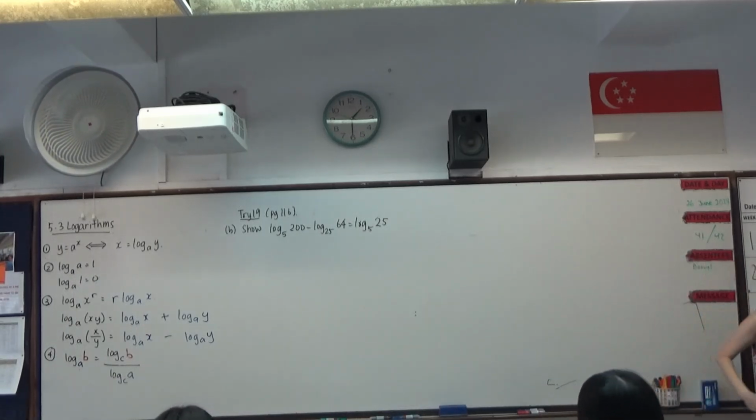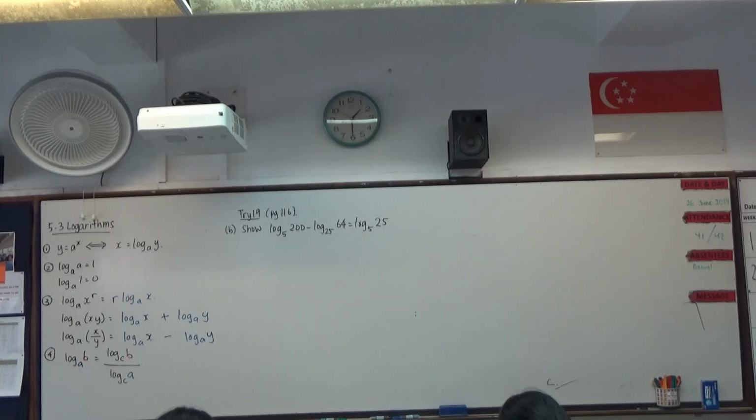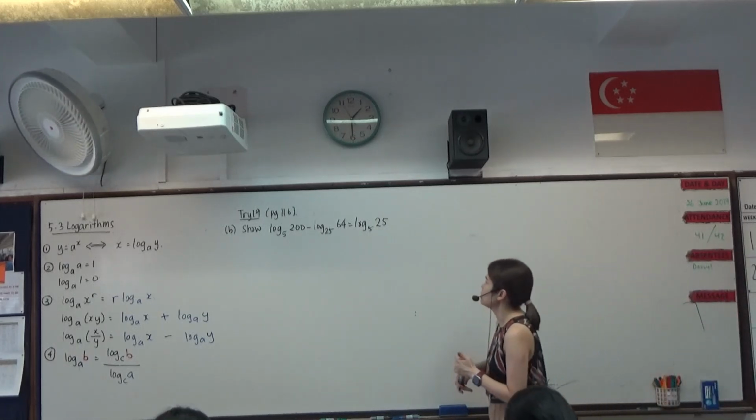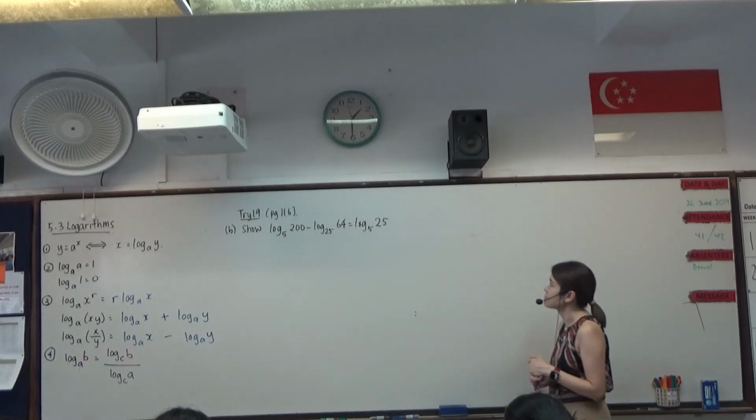Okay. We have here log 200 base 5 minus log 64 base 25, and we want to show that it is equals to log 25 base 5.